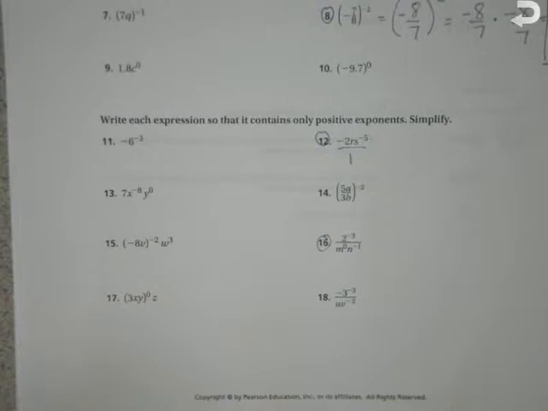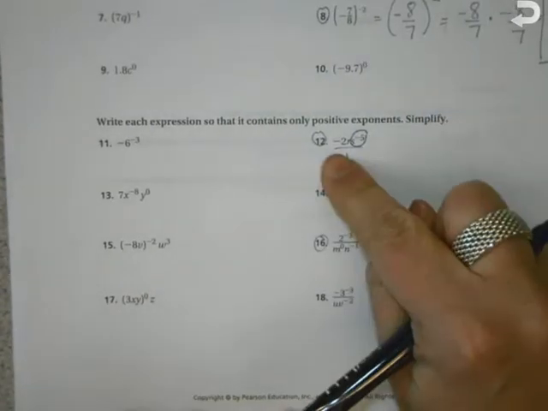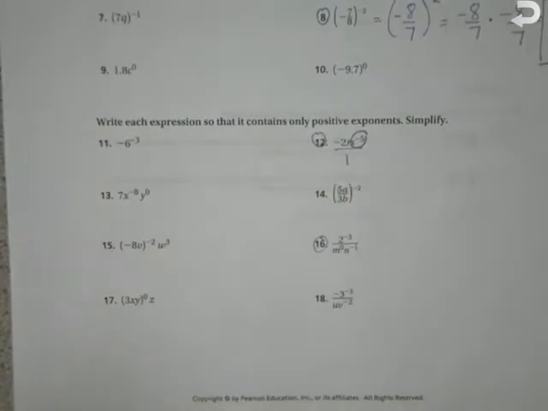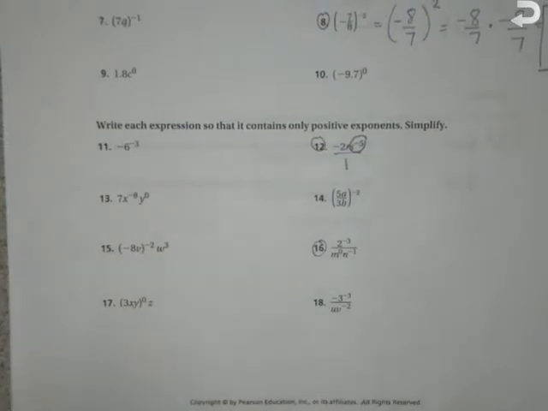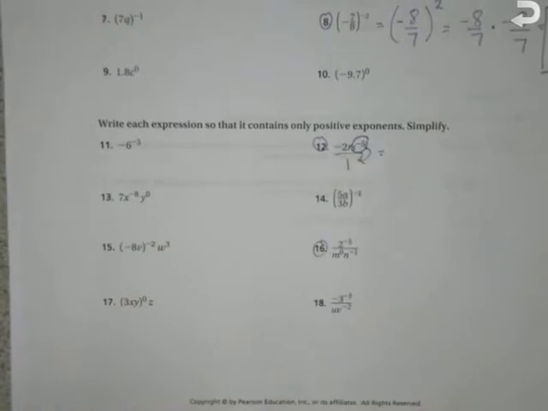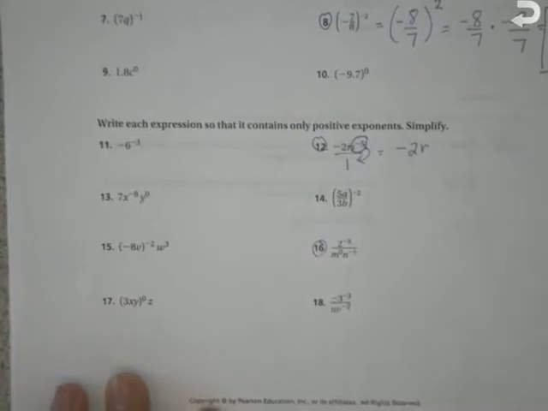Only when the exponent is negative do we move it. So that negative 2r stays on top, and we move s to the negative 5 down. So that's going to give me negative 2r over s to the 5th power. Make sure your s and your 5 don't look like the same thing.